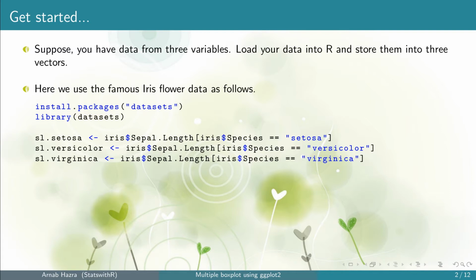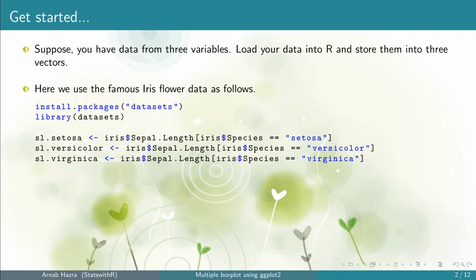Suppose we want to draw the box plots of the sepal lengths for the three iris species Setosa, versicolor and virginica. The vector sepal.length in the data frame iris consists of the observations from all the three species.